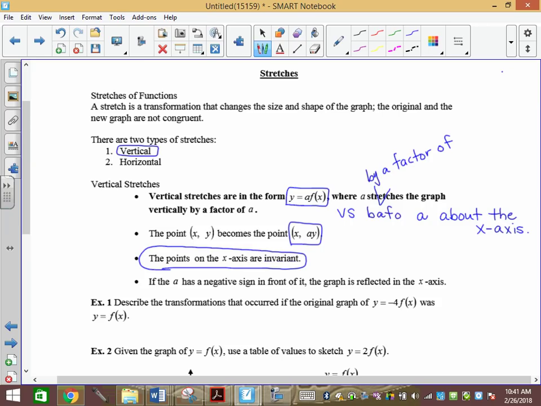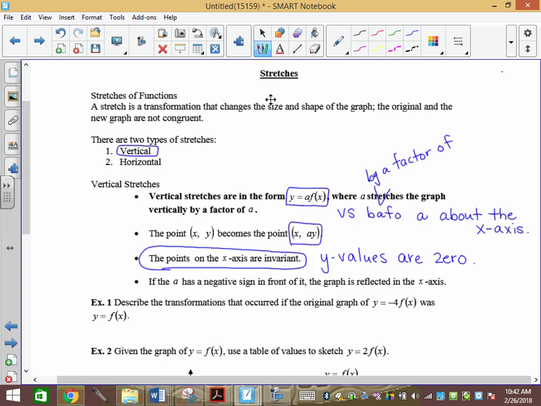When you multiply anything by 0, what happens? Stays 0, right? So that's why the x-axis is invariant, because your y values are 0. And the x's don't change.